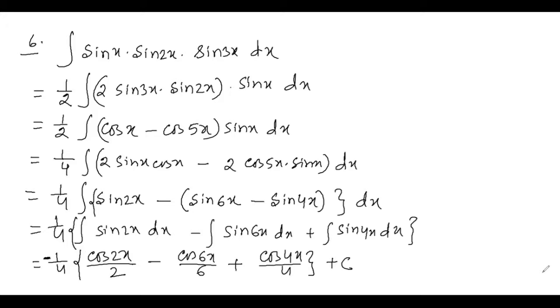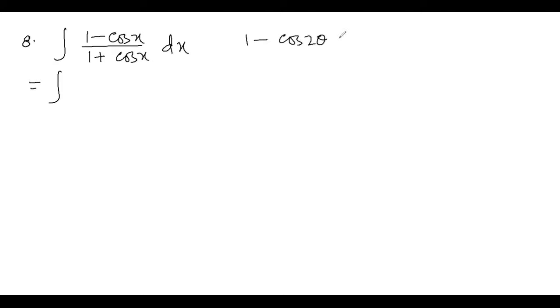Next, I am not discussing question number 7. I think all of you can solve question number 7. Next, question number 8. Here integration of 1 minus cos x by 1 plus cos x dx. How do we integrate it? This is very easy. Here is one trick. 1 minus cos 2 theta equals 2 sine square theta, and 1 plus cos 2 theta equals 2 cos square theta.